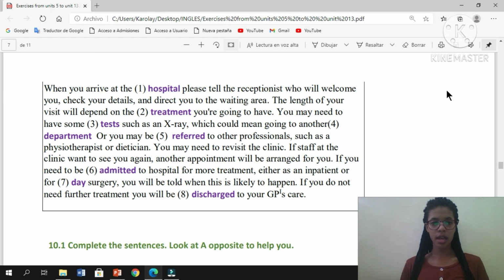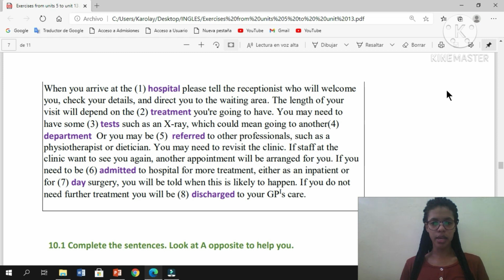You may need to have some tests such as an X-ray, which could mean going to another department, or you may be referred to other professionals, such as a physiotherapist or dietitian. You may need to visit the clinic if the staff of the clinic want to see you again.